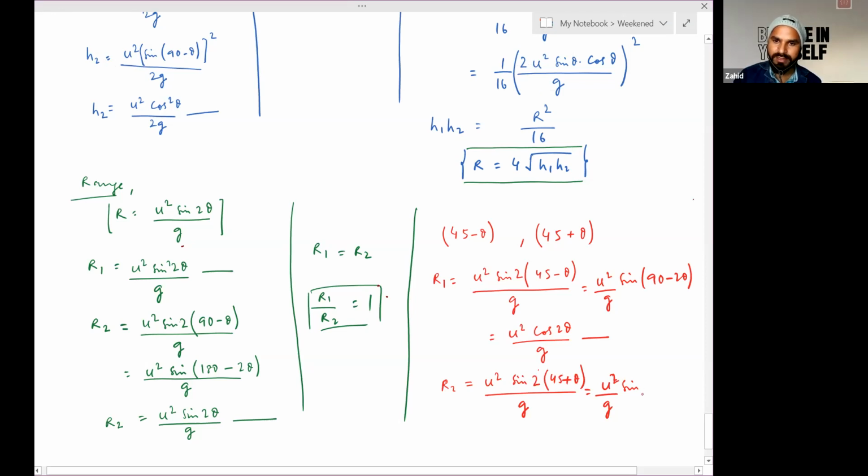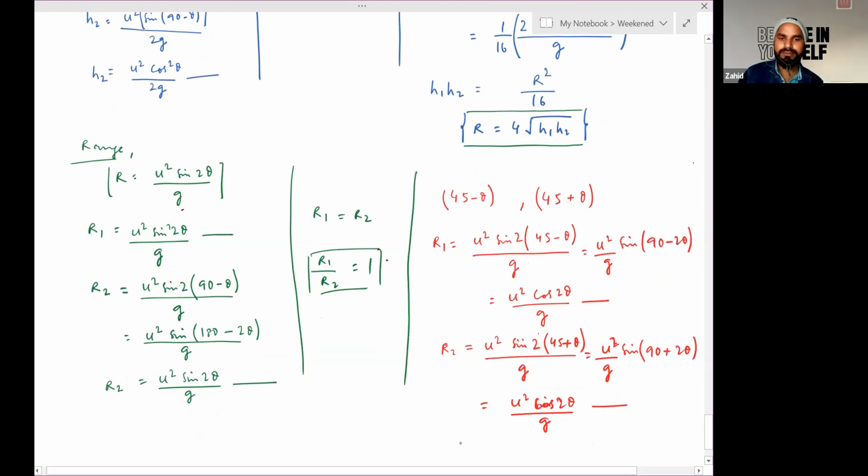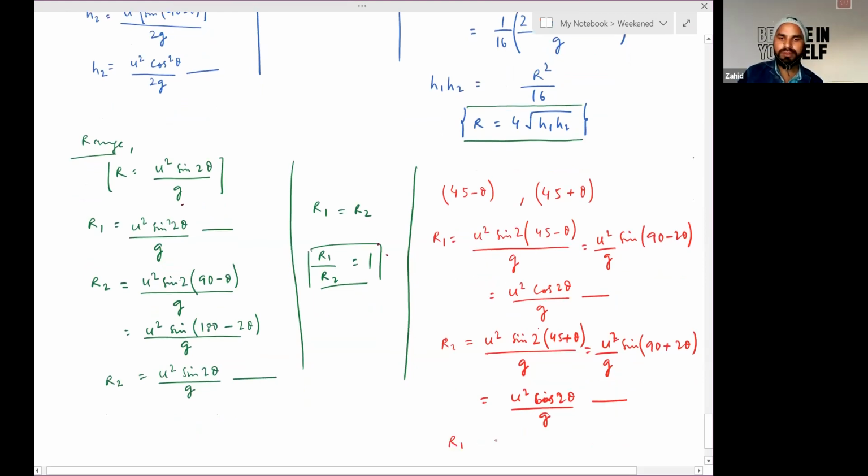If you multiply it, you will get 90 plus 2 theta, which will be u squared sine (90 plus 2 theta), which is cos 2 theta, divided by gravity. So if you compare this and this, you will say range 1 equals range 2.